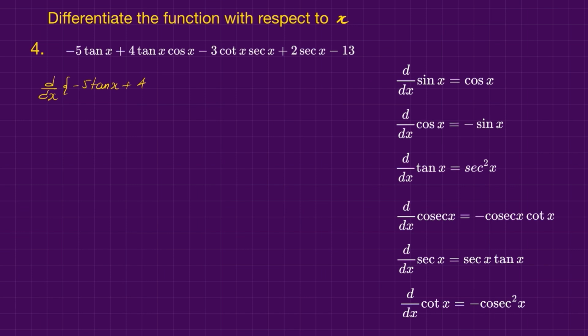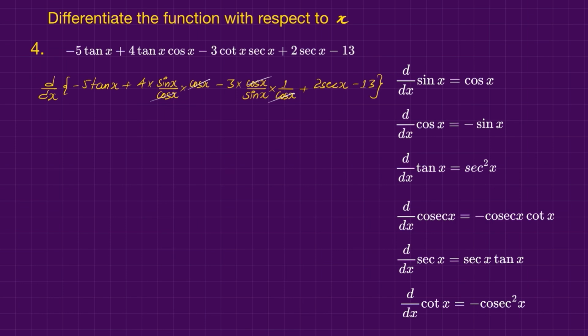You can see tan x can be written as sin x over cos x into cos of x minus 3 times cot x can be written as cos x over sin x times sec x, which can be written as 1 over cos x, plus 2 sec x minus 13. As you can see here, this cos x and this cos x will get cancelled, and this particular cos x and cos x also get cancelled.